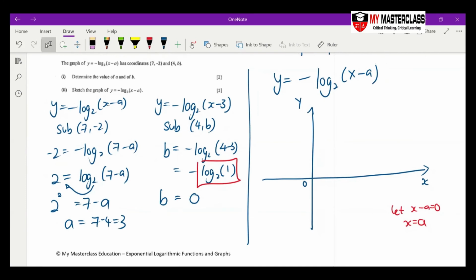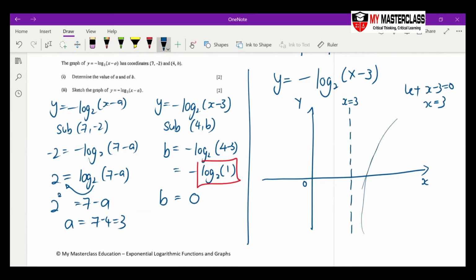In this case, they wanted you to use the values of a and b, so a is 3. On the right side, I let x minus 3 equals 0, x equals 3. So there's an asymptote at x equals 3. In your mind, you have a usual log curve going up here already.